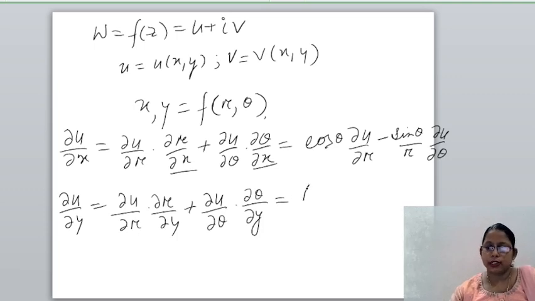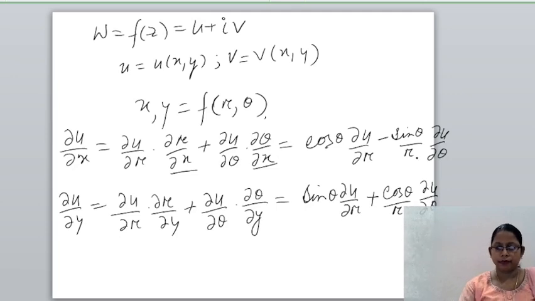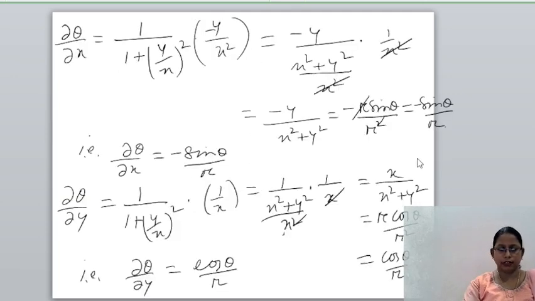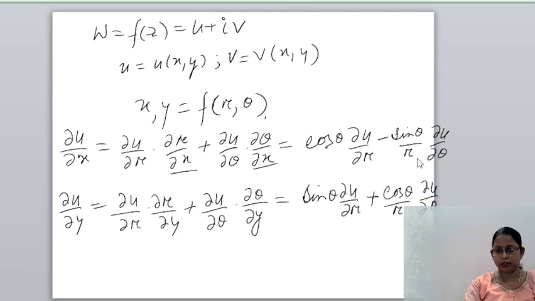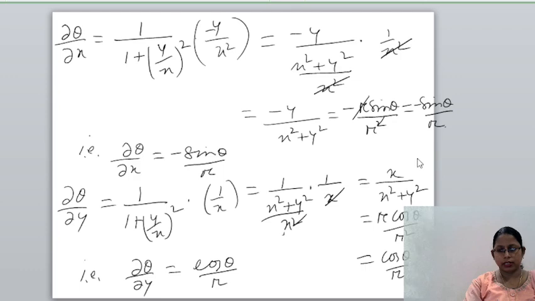This is now sin theta del u by del r, then this is plus cos theta by r del u by del theta. Is it okay? Del theta by del y is cos theta by r, and del r by del y is sin theta.